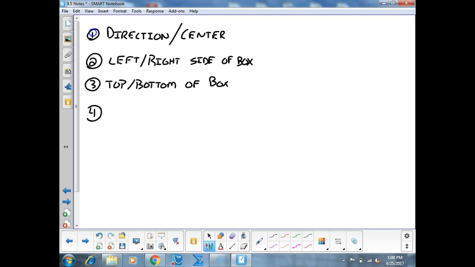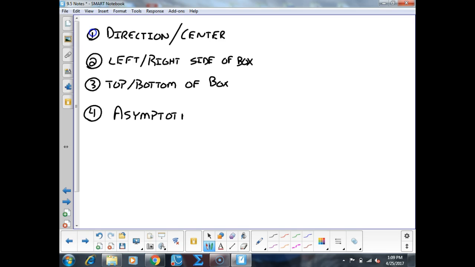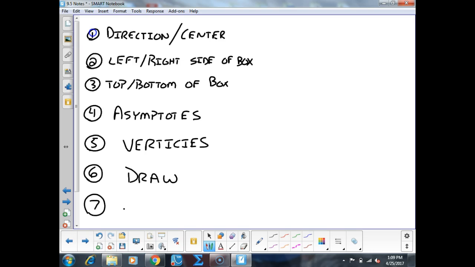Four: asymptotes. Five: vertices. Six. Seven: both sides. All right? So now let's talk individually about those steps.